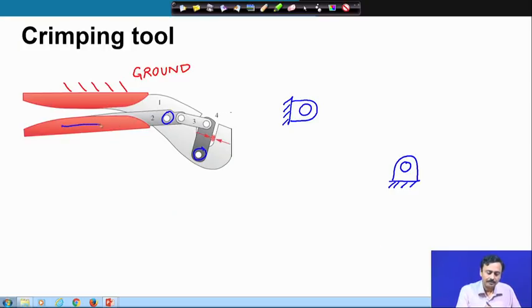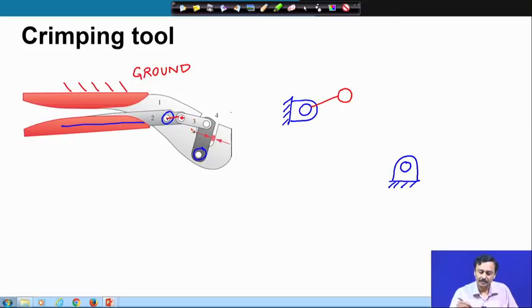This handle is one of the links which is hinged to the ground at this kinematic pair. So, I am going to draw that. At the end of this handle there is another kinematic pair. Note that I have not drawn the handle, I have just drawn this part of the link, and I have come to this kinematic pair.